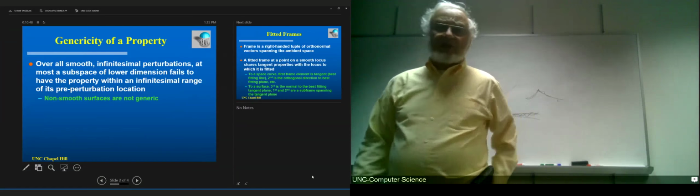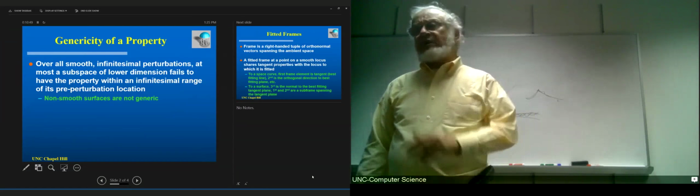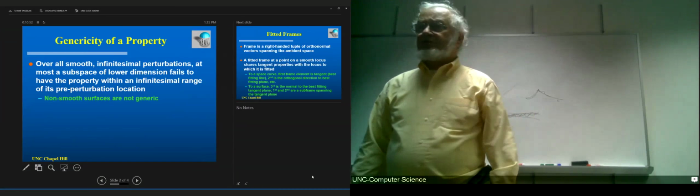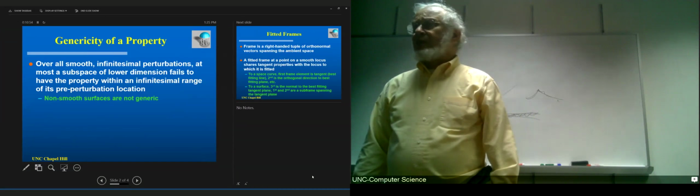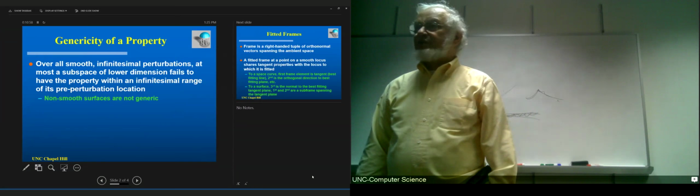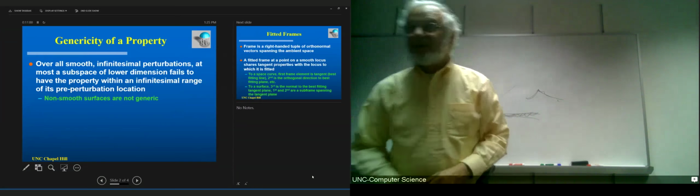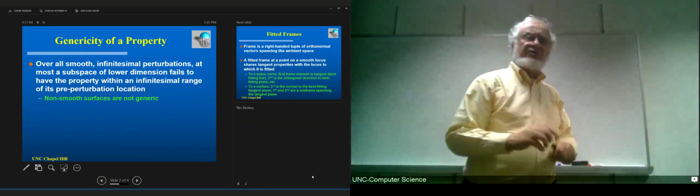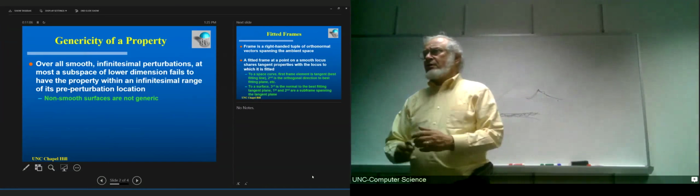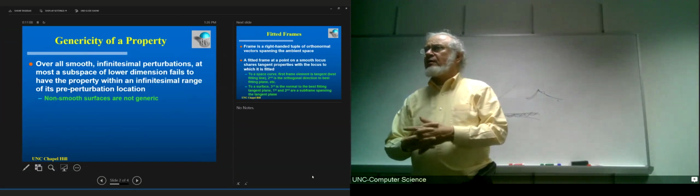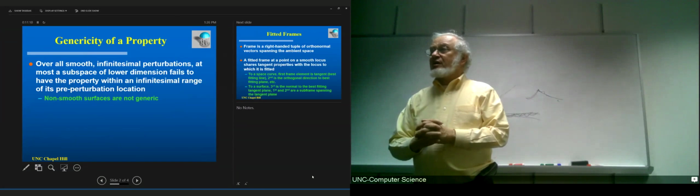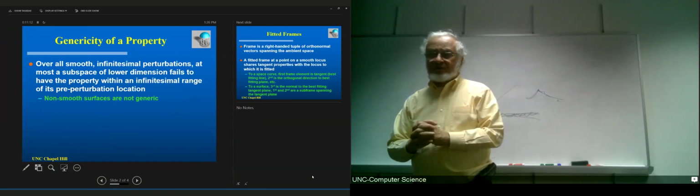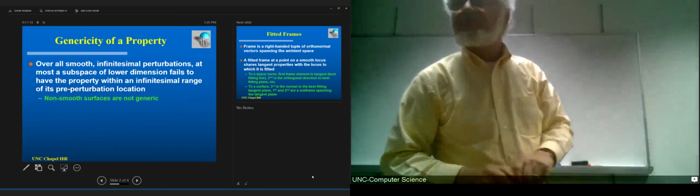So to make a long story short, we're going to be talking about smooth surfaces, and if we want to deal with corners, we're just going to talk about places that have very high curvature, but not infinite curvature. So now we have a general notion of generic. Later, we're going to talk about other aspects of genericity, but this is good enough for now.